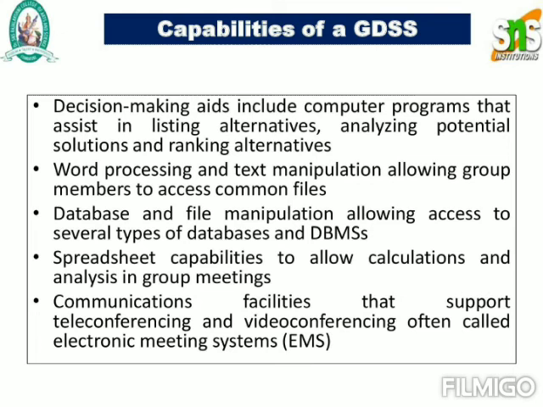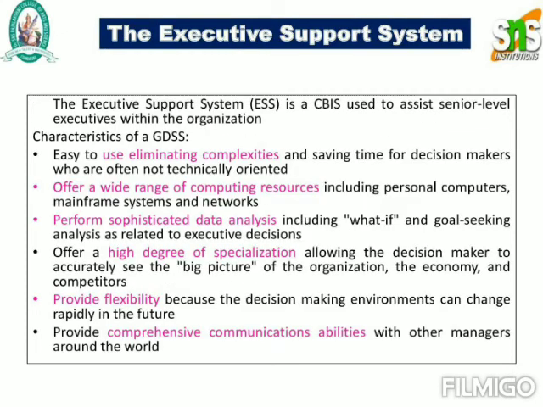Next is your executive support system. The executive support system is a CBIS used to assist senior level executives within the organization. Some of the characteristics of your executive support system: it is easy to use, eliminating complexity and saving time for decision makers who are often not technically oriented.